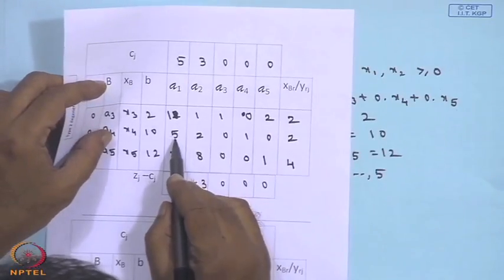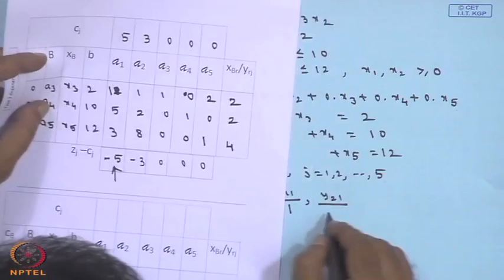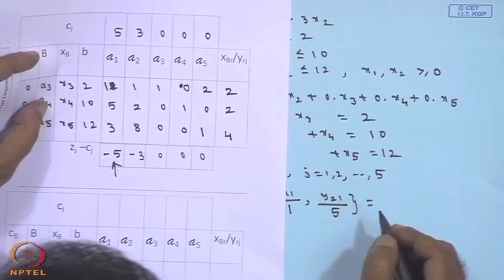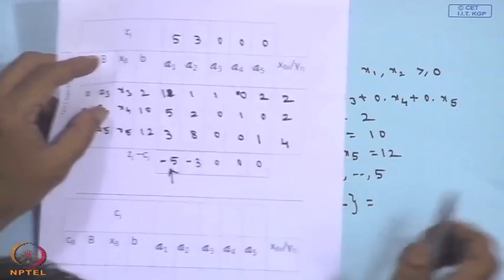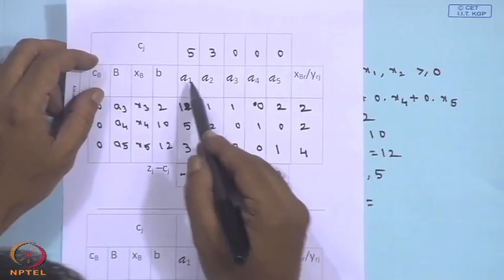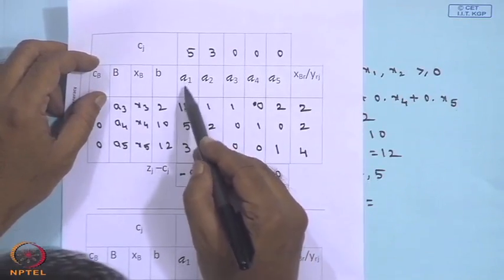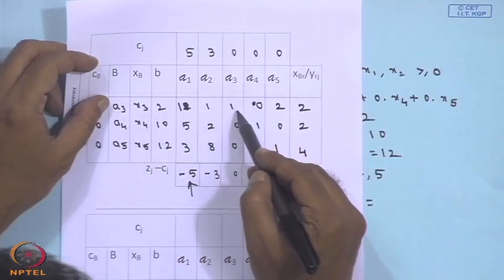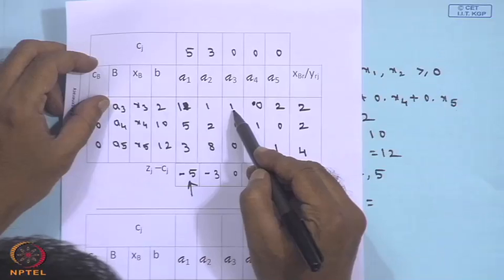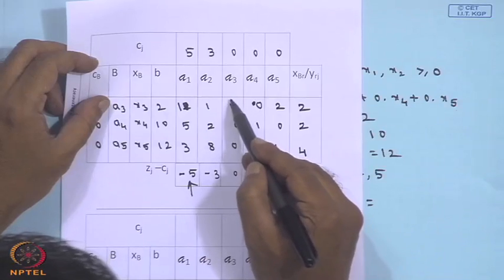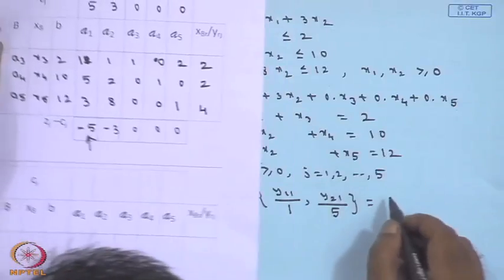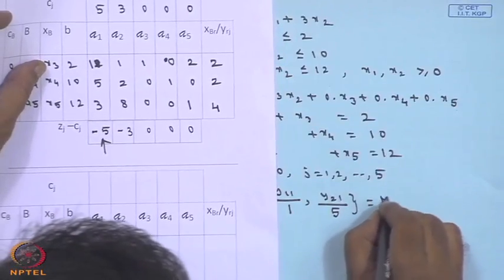Then for the second row corresponding to a1, the value is 5, so this is 1 by 5. What will your y11 be? It is the element corresponding to the vector a1. What is a1? A1 is old a3, as we have told. For old a3, y11 will be the value of y corresponding to a3, so it is 1.